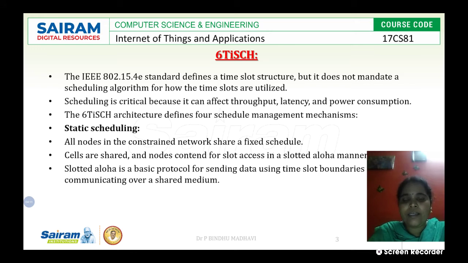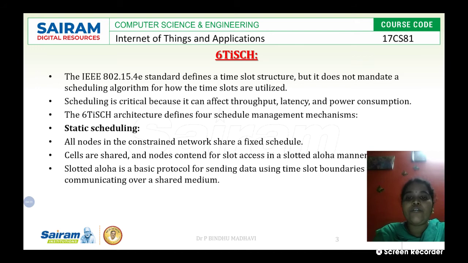Scheduling plays a main important role, it's a critical concept, and it is mainly important to maintain higher throughput, reduce latency and minimize power consumption. Because of all these things, we can say that 6TiSCH plays a vital role for communication and other purposes.